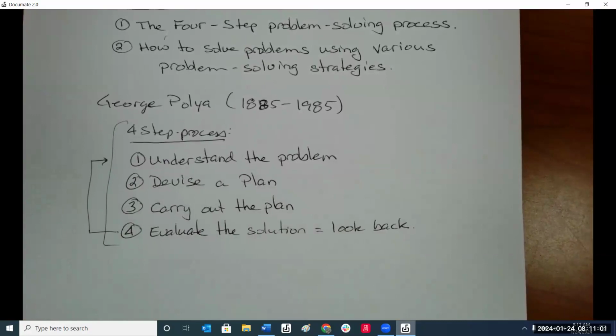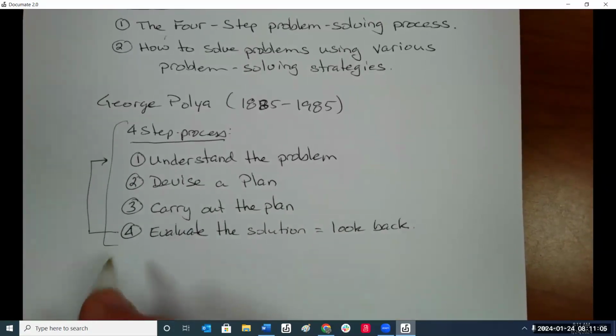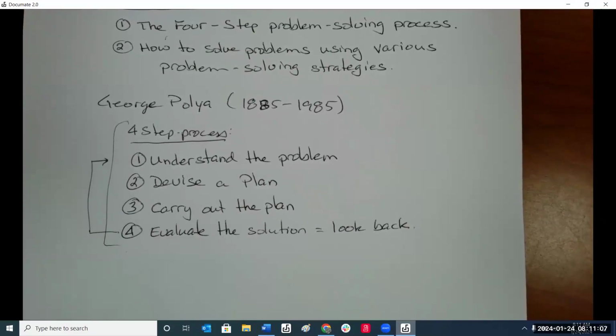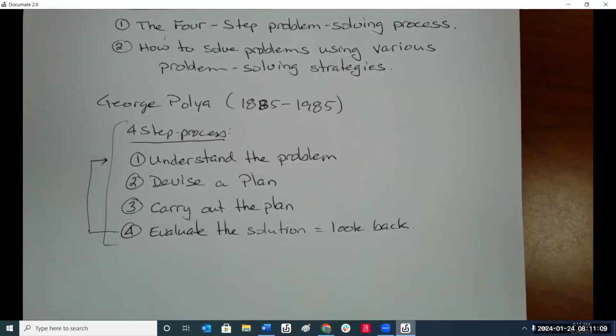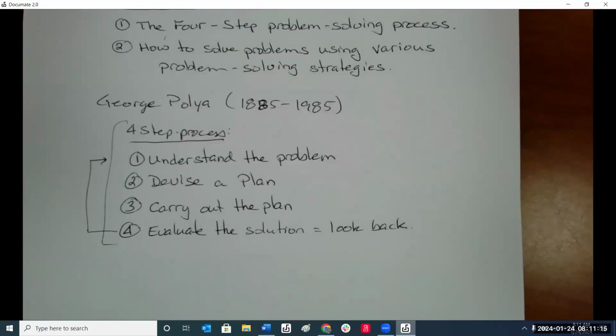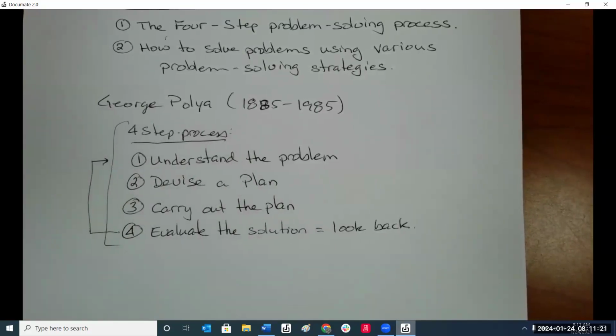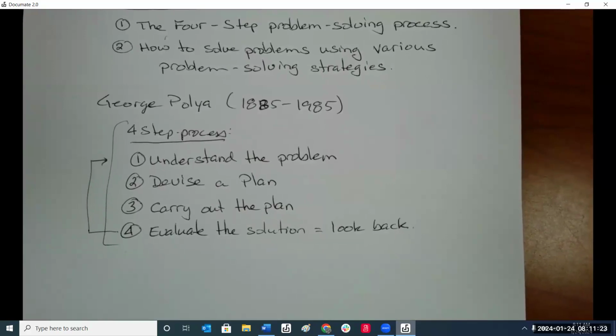Is it answering the problem? Is it answering every part of the problem? If not, a problem is never really fixed. In computer programming, a program is never finished being fixed. Why? Because the problem changes. So you should always have a recursive process. Always look back.